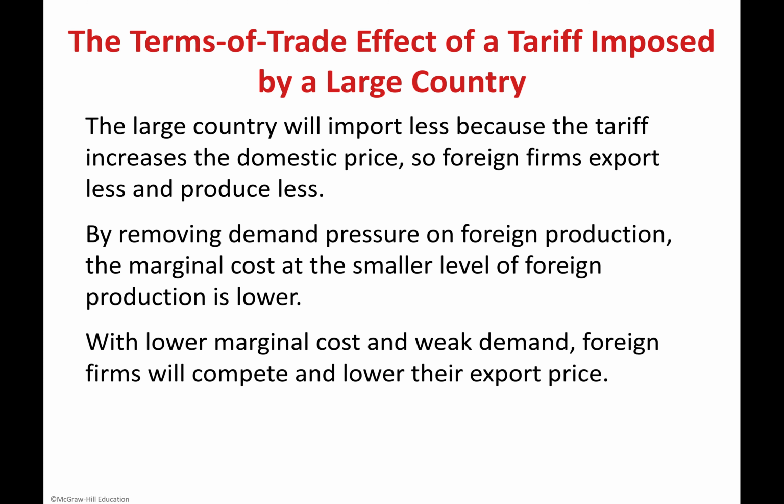The large country is going to import less because the tariff increases the domestic price. So foreign firms export less and produce less. By removing the demand pressure on foreign production, the marginal cost at the smaller level of foreign production is lower. With lower marginal cost and weak demand, foreign firms will compete and lower their export price.